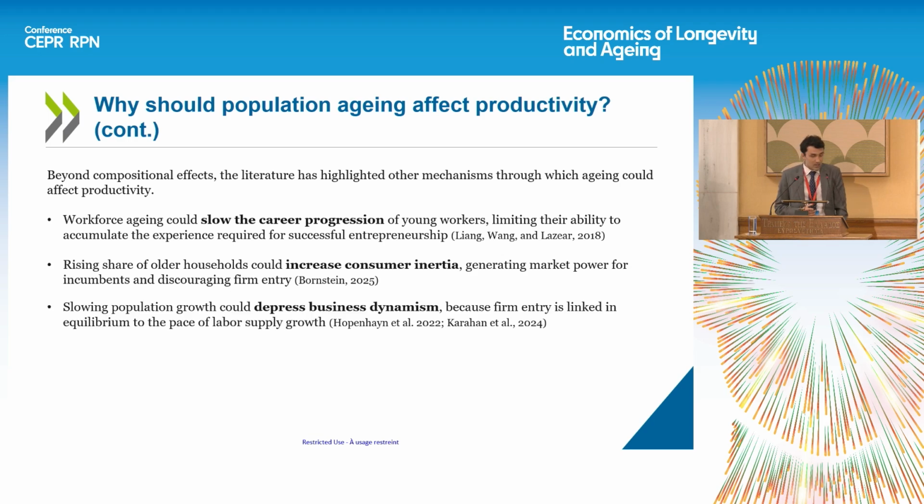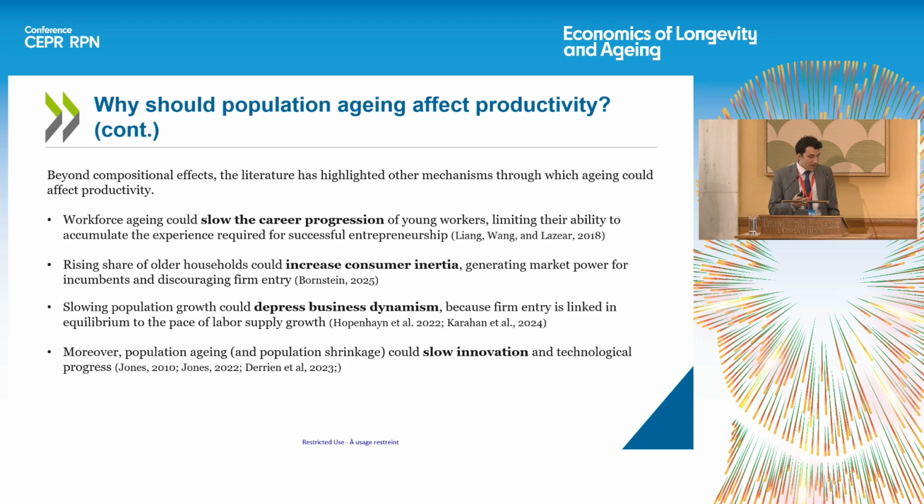Another argument is that slowing population growth, so not just population aging, but slowing population growth, could depress business dynamism, because firm entry, as it's argued, is an equilibrium linked to the pace of labor supply growth, and as that slows, perhaps business dynamism and business startup rates slow as well.